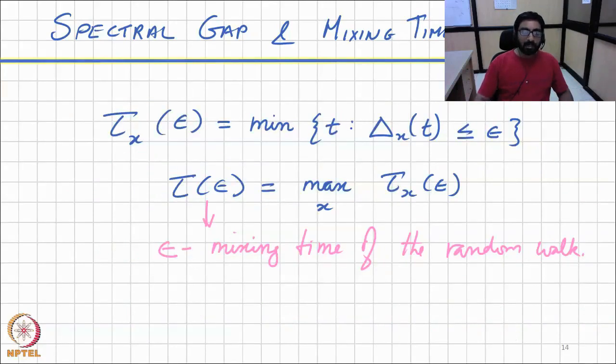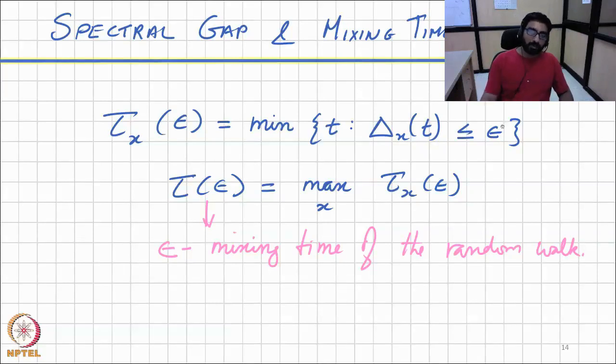Now let's look at tau x of epsilon. This is the smallest number of steps needed such that you start at x and your delta x of t gets to less than epsilon, which means that the current distribution of the random walk minus the stationary distribution, when we take the L2 norm of this difference, it's within this parameter epsilon.